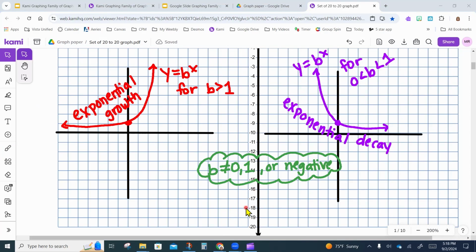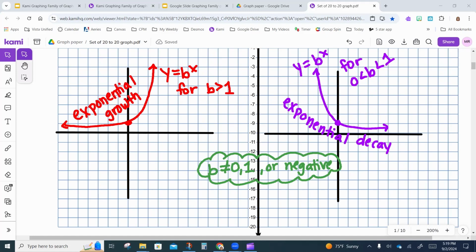So it has to be a positive number that's not a 0, not a 1, cannot be negatives. Okay. Now you also see I have two situations here. If my base, my b, is greater than 1, it's going to be exponential growth. If my base is less than 1, but between 0 and 1, a decimal fraction between 0 and 1, it's going to be an exponential decay.